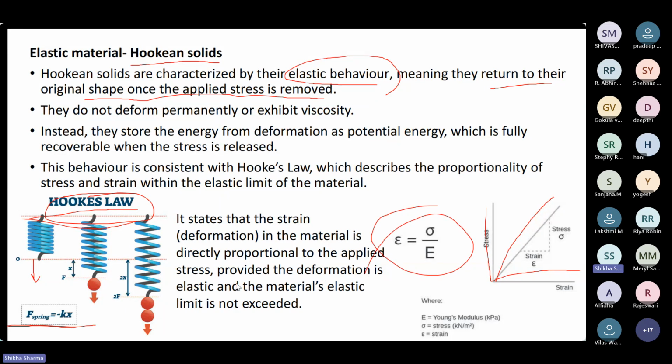This Hooke's law is followed by the Hookean solids. Here the deformation will be within the elastic limit, so it can return to the original shape. They do not deform permanently or exhibit viscosity.